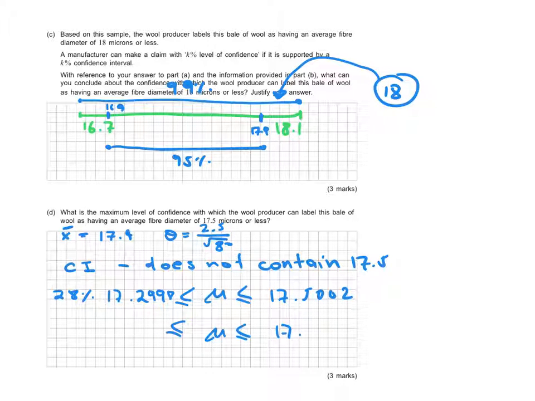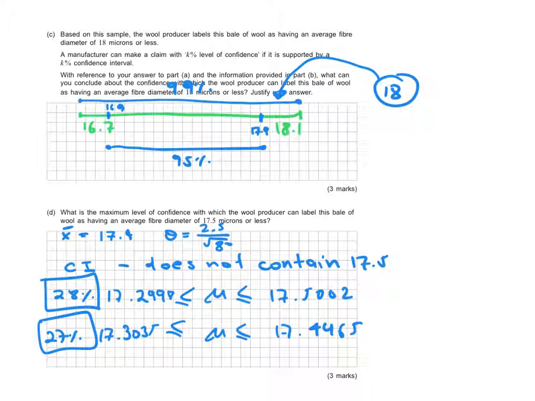You're going to see now, 17.3035. This is for 27%. Now, if we had fewer decimal places, we can just say 17.5 and 17.5. So both confidence intervals would include 17.5.